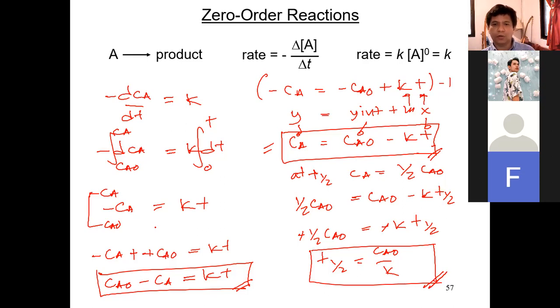Pero pag zero order at saka second order, dependent sila. Pag zero order, directly proportional yung half-life sa initial. Siyempre, bago siya maging kalahati, kung madami siya, mataas yung concentration, matagal. Ganun yung constant rate pag zero order. Pag second order naman, inversely proportional. Pag mas mataas yung initial concentration, mas mabilis.